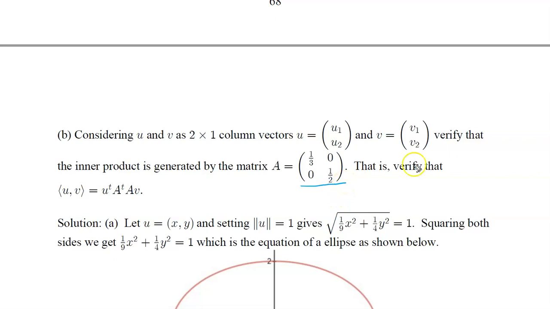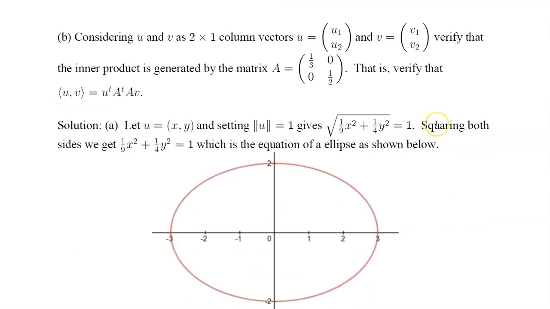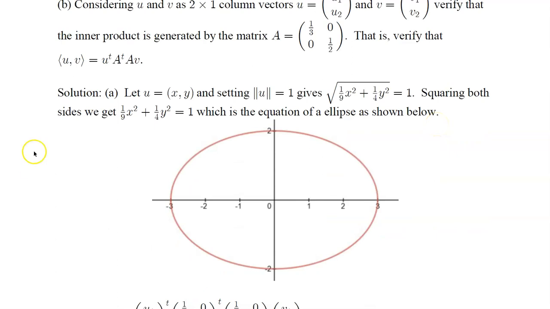So let's take a look at the unit circle for this inner product. So here's our solution for part A. So let's let u equal (x, y). Instead of u1 and u2, we're going to let it be x and y because those are normally the variables that you use when you graph an equation.